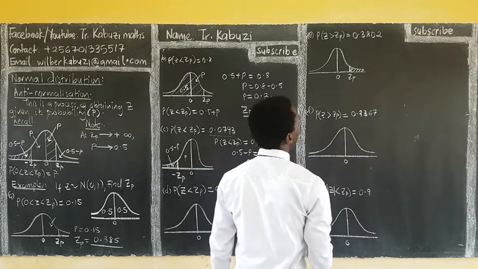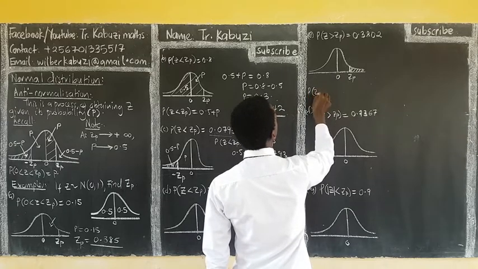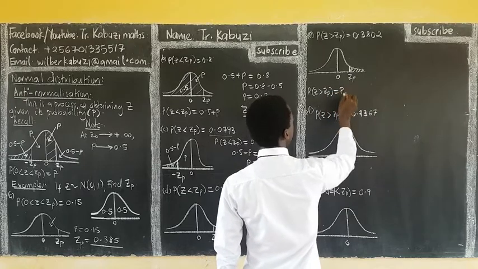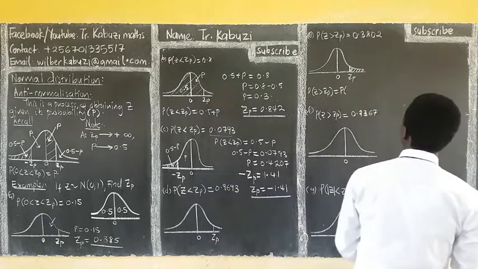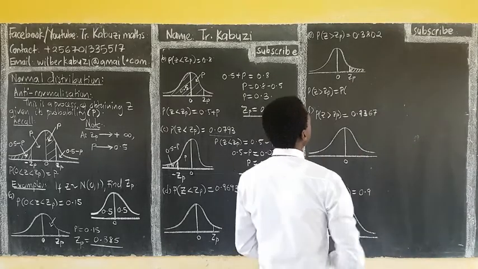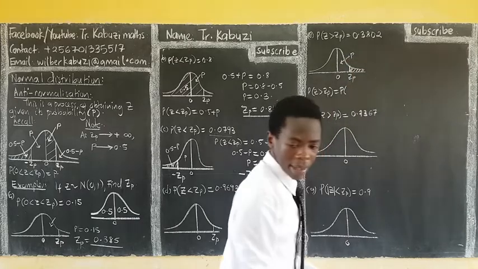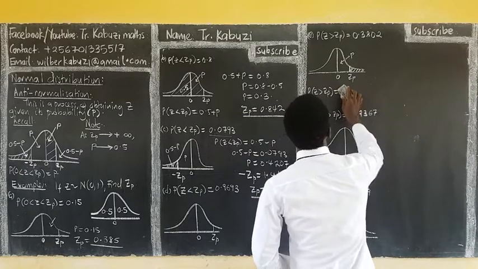But you said if you have that case, remember I said our ZP, in that case, we shall get P, then we subtract off. If this is our P, we shall get 0.5, then we subtract off that.